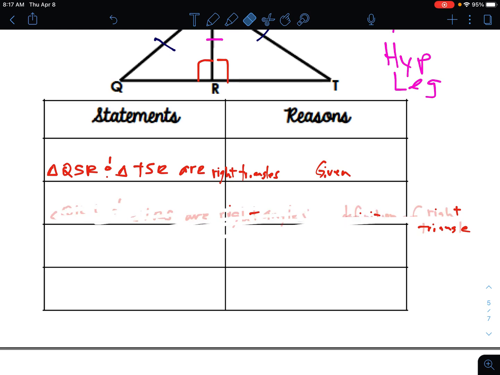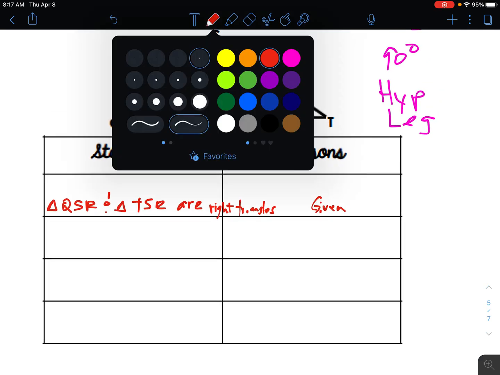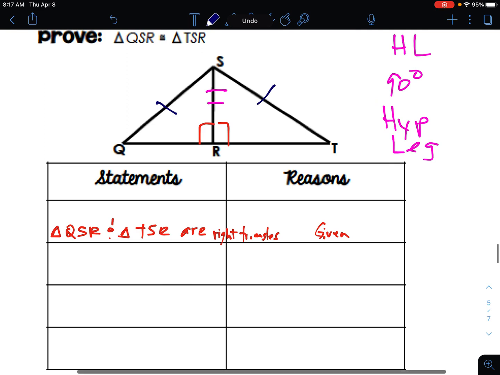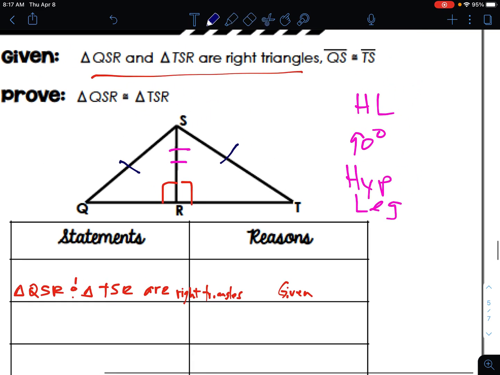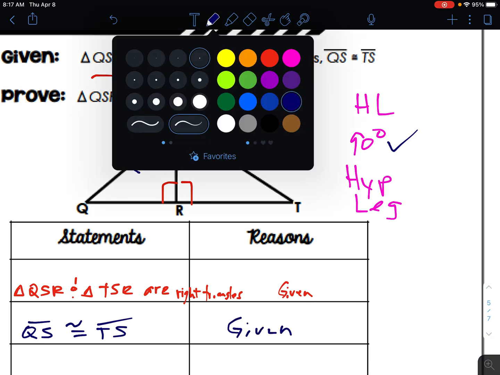Oh no, actually we don't even need to put that in there because they're telling us we have a 90-degree angle. So we don't have to use that. That's silly. But we're going to use that on the next one, that's where my brain was going with that. So this is checked off because they gave that to me, right? And now we can say QS is congruent to TS. Why is that the case? That was also given.